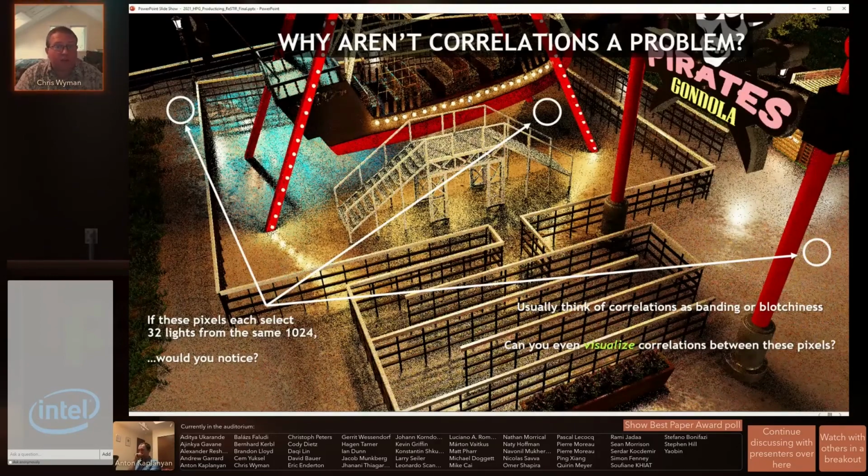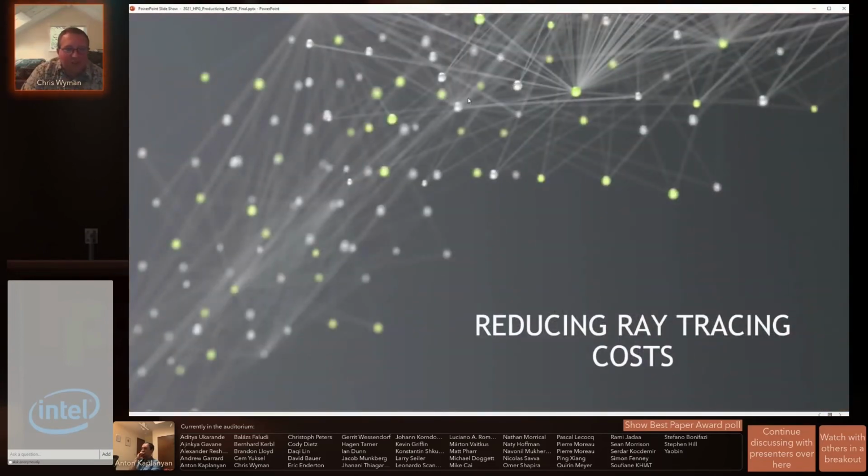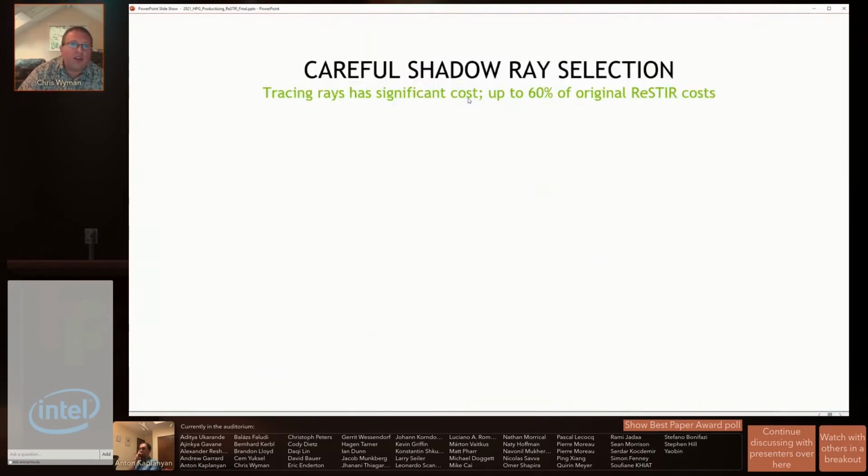And these are not local regions. So could you even visualize the correlations between pixels here? We thought about this a while, and we couldn't figure out what these correlations would look like. And if you can't figure out what they look like, how will you see them if they occur? So that was what we did with reducing memory incoherence.